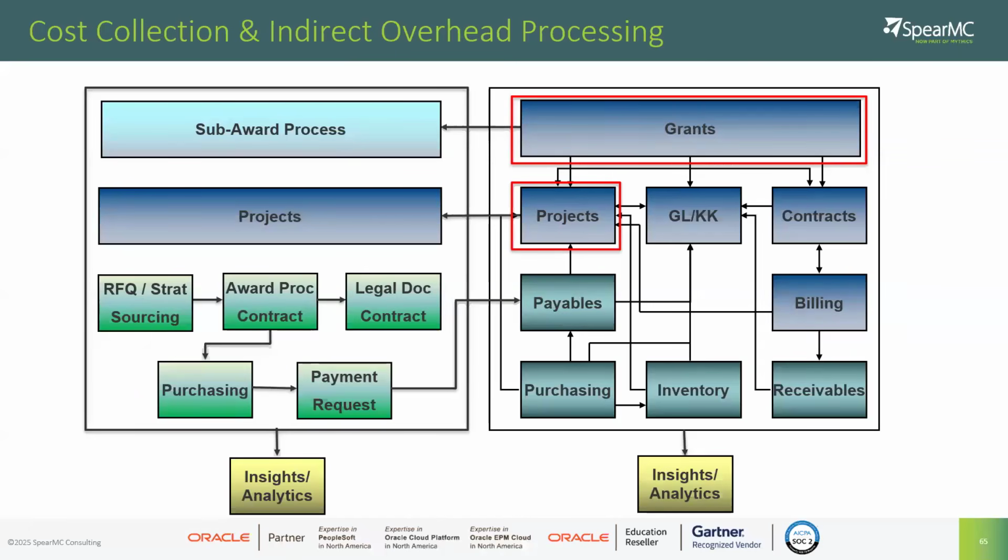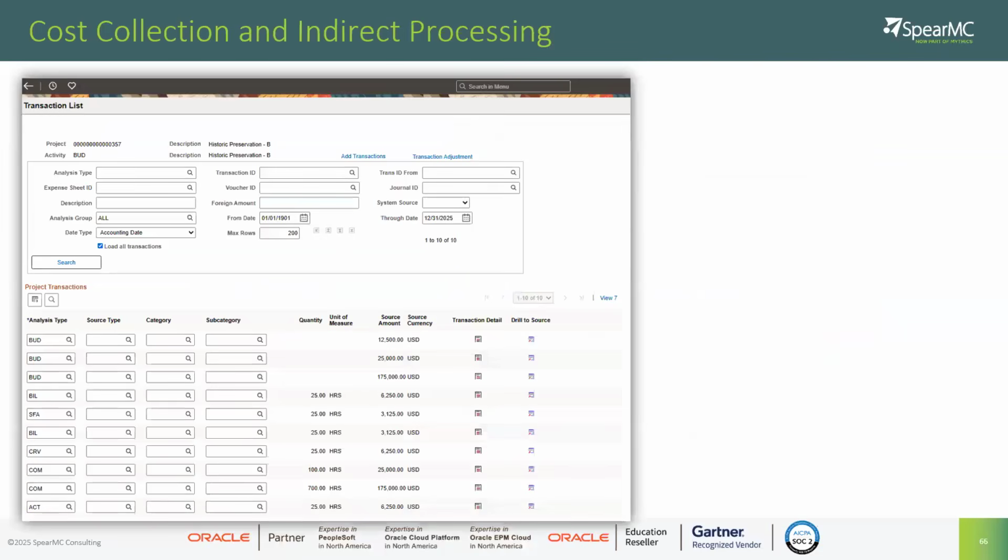Okay, so we've collected that voucher into project costing. Here's just one page that gives you a direct view into the main transactional table, project resource. It's called the transaction list. And at the very bottom, I see my ACT row coming in, which would then create a billable transaction because this is set up as rate-based.